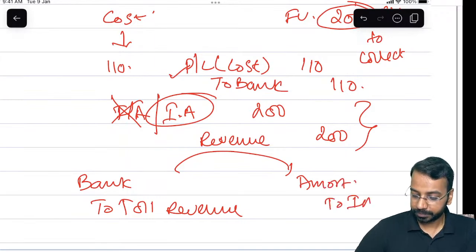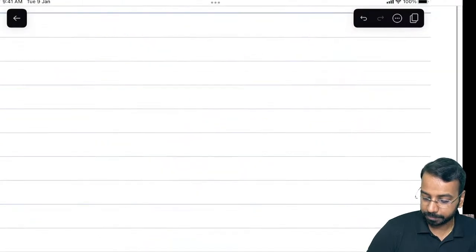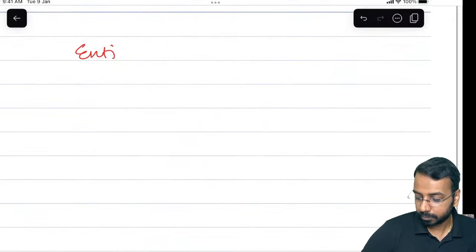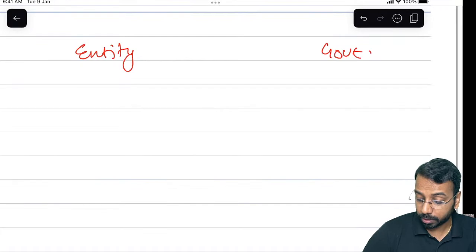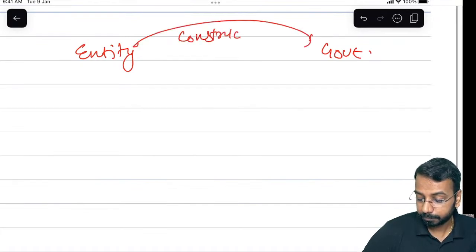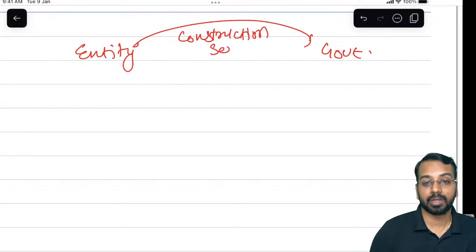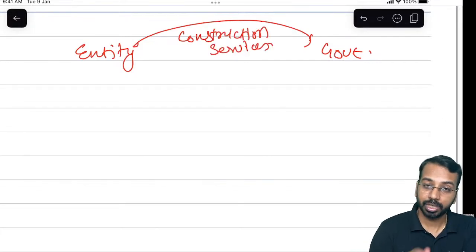So think of this: entity and government. The entity has provided what? Construction services.